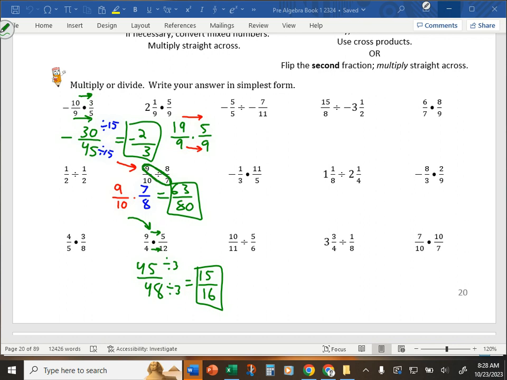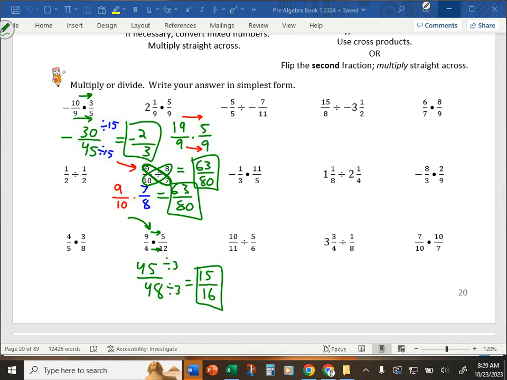It's still going to give us 63 as a numerator. And then we multiply the denominator, that 10, by the numerator 8. It still gives us 80 as a denominator in our answer, right? So either way, you end up doing the same math. It just depends on whether it makes more sense to you to flip it and then multiply straight across, as we did here, or use cross products, multiply in that cross X-like fashion. Either way, we don't actually end up dividing. It's multiplication through and through. Okay.